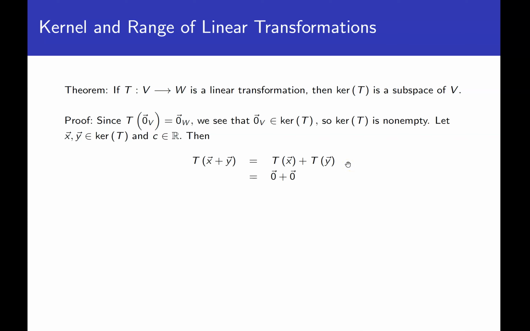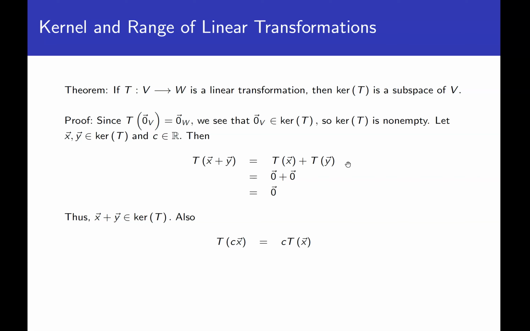Each of x and y are in the kernel. That means when I apply the transformation to x, I get 0. And when I apply the transformation to y, I get 0, which gives me 0 out. So that tells me that x plus y is definitely in the kernel, because when I applied the transformation to it, I got 0.